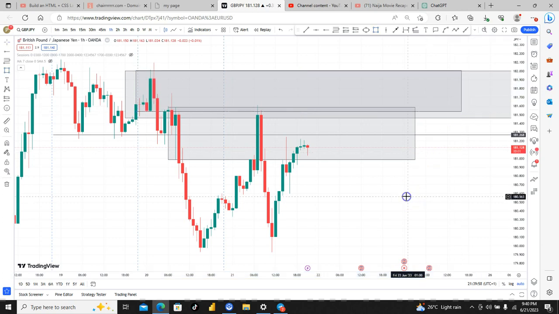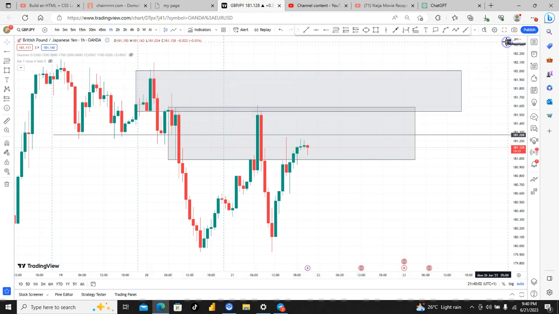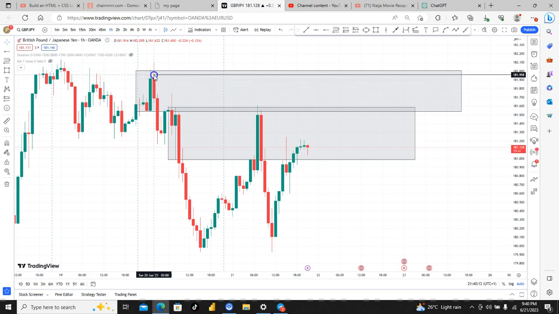So I basically know that this is where I'm going to be taking my trade, either between this zone to this zone or this zone to this zone up here.